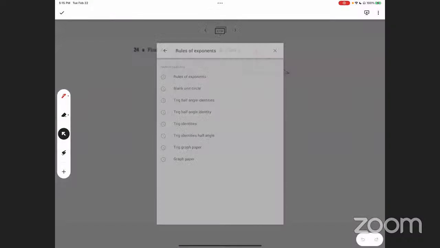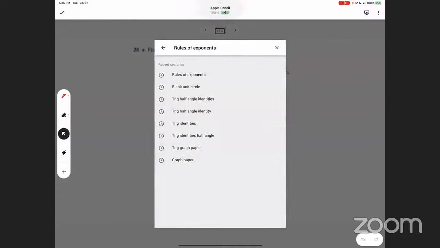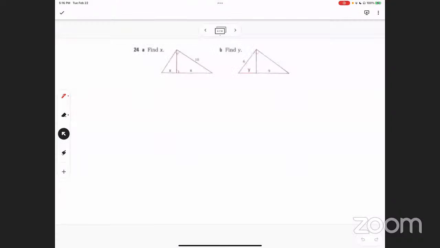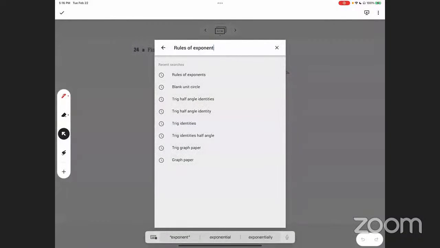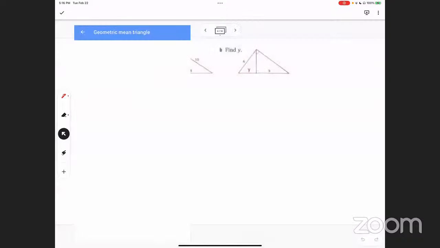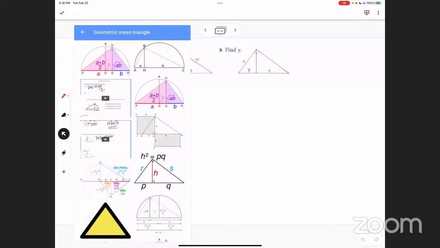So I'm going to import an image and I'm going to look for geometric mean formulas. Okay. Hold on a second. Try that again. Geometric mean triangle. I think that'll give me what I want.